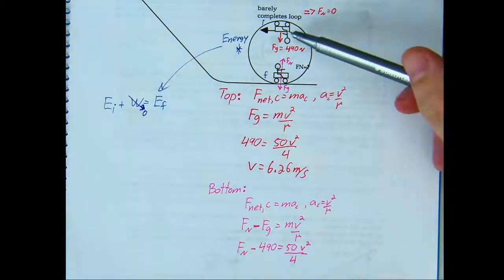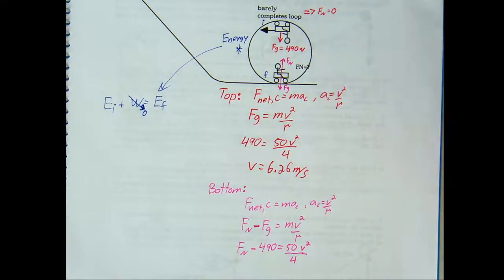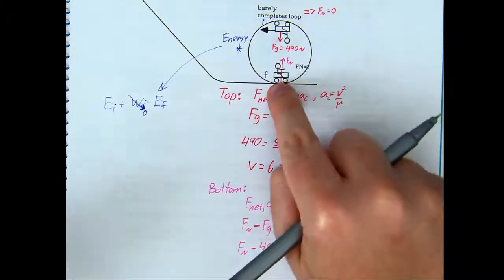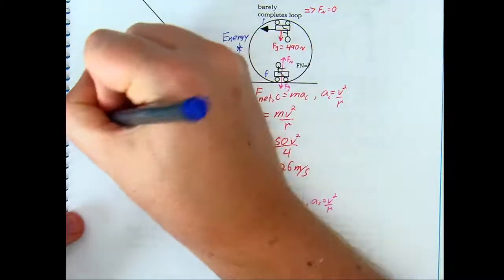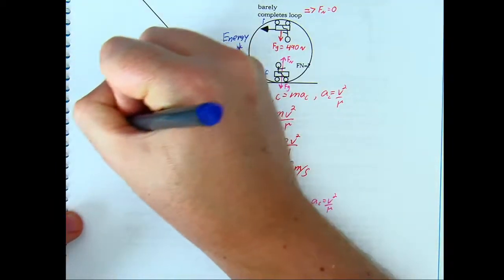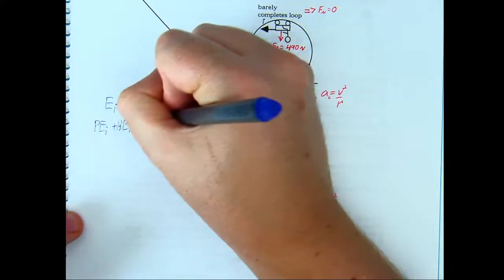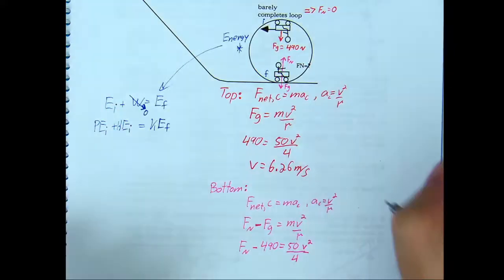At the top, if this is the initial state, his potential energy is present and his kinetic energy is present. We've got potential energy and kinetic energy at the top, and kinetic energy at the bottom. So PE initial plus KE initial equals KE final.